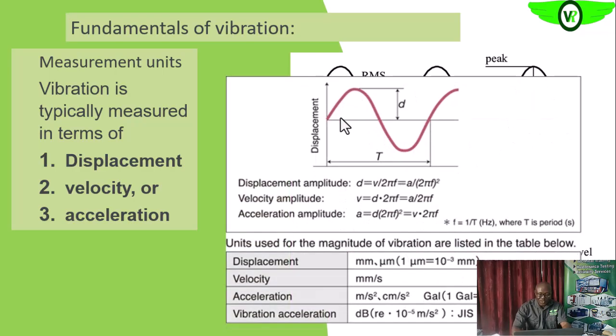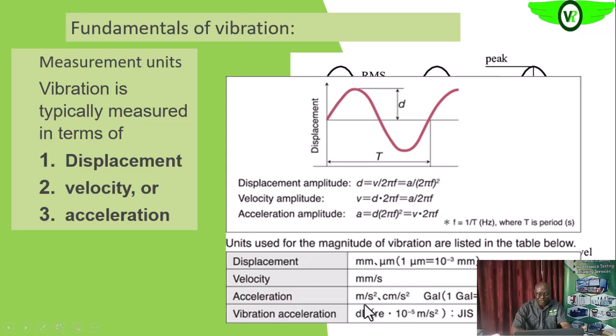So here is a summary of all that we have been saying. So here are the units, okay, that could be used to represent the displacement measurement. We have the millimeter, we have the micrometer or micron, okay. Then the velocity, we have the millimeter per second.